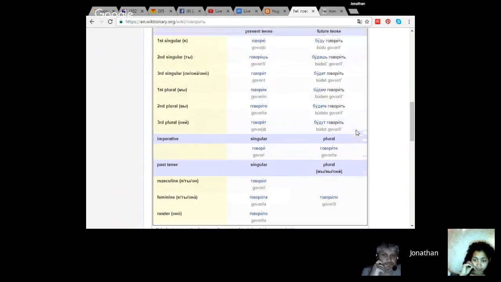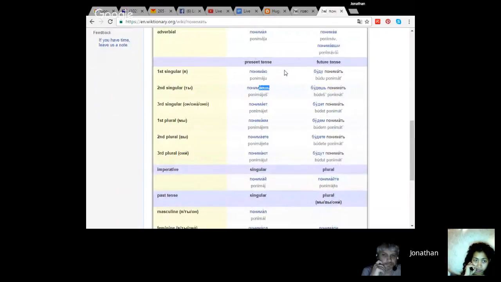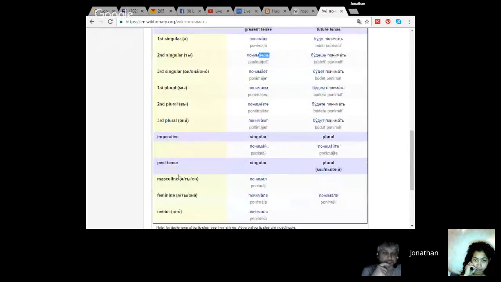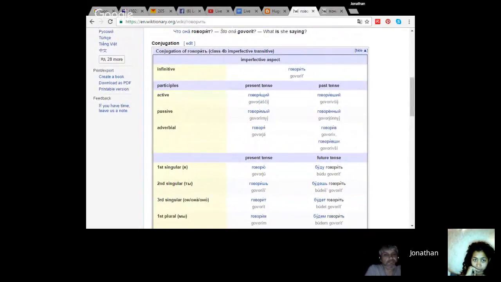And if I show you ponimat, you can also get this type of conjugation as well. And this verb, again, is in present, past, and future. But let me take a verb like, let's say, skazat, where you won't see the present tense here. So let me switch this.